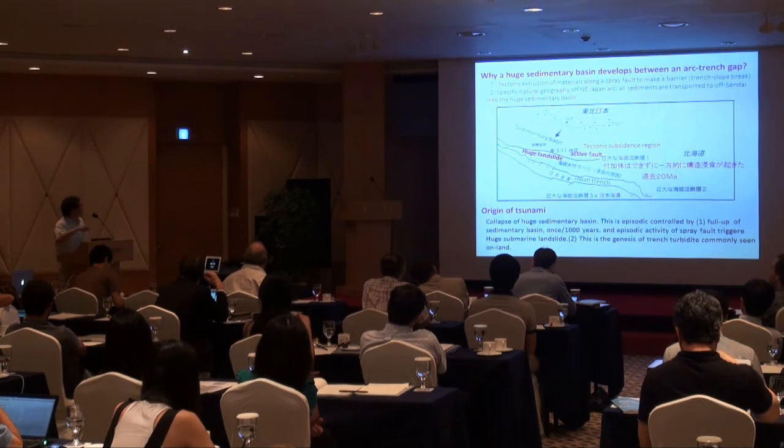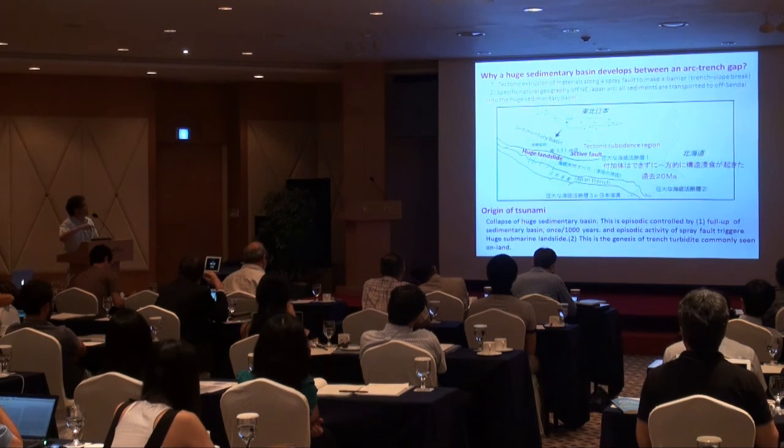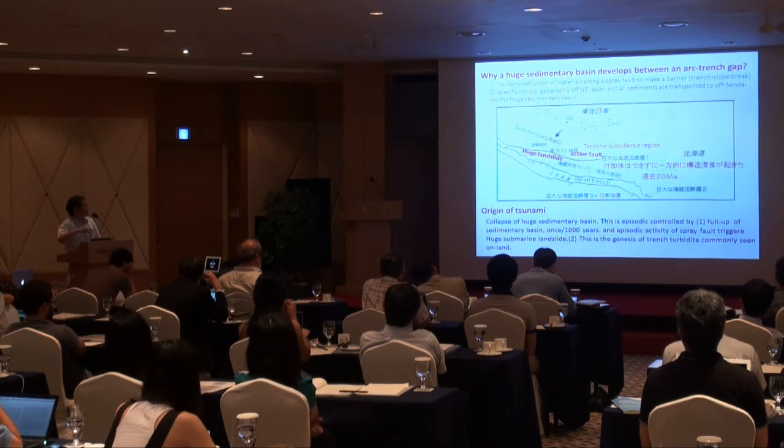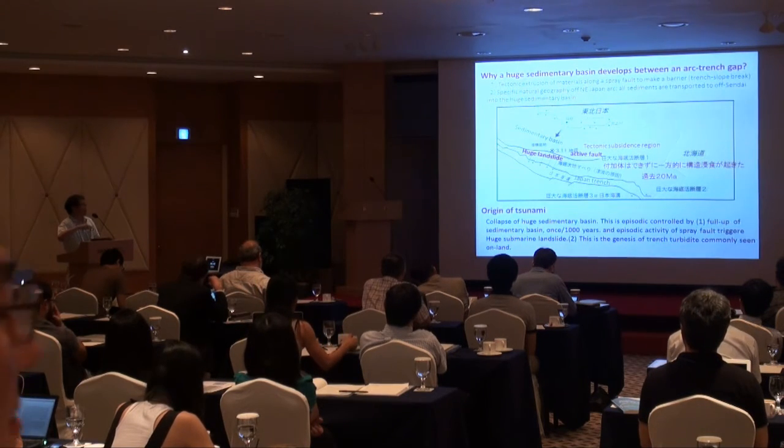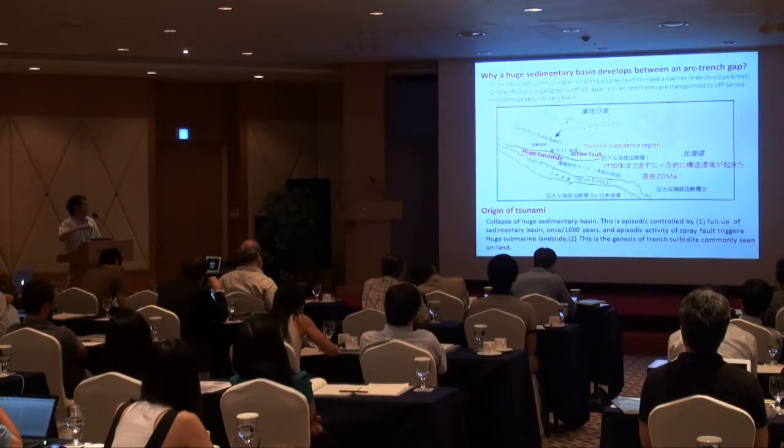Okay, the origin of the tsunami: collapse of huge sedimentary basins. This is episodic, controlled by the flow-up of sedimentary rocks in the basin, once in 1,000 years. Episodic activity of the splay fault triggered a huge submarine slide.